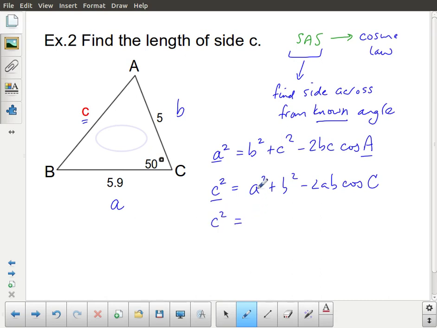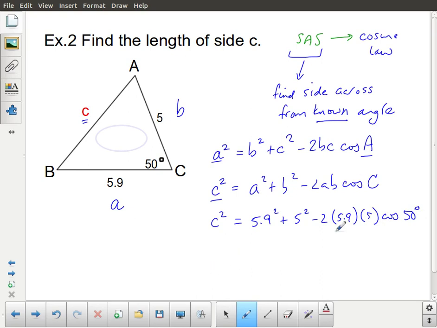So c squared equals a squared is going to be 5.9 squared plus b squared, which is 5 squared, minus 2 times 5.9 times 5 times the cosine of this angle, 50 degrees. Now this is a lot to put in your calculator, so your calculator skills have to be good enough that you can do this without making any kind of significant error.